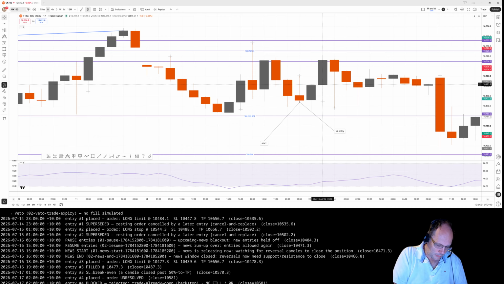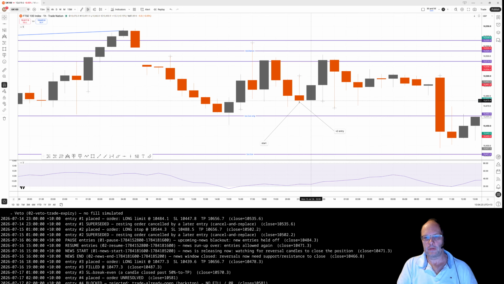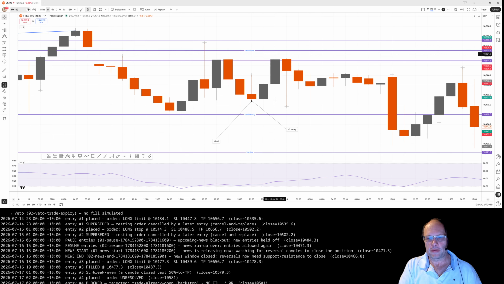It should be a pivot, so this candle needs to be higher than those. If they're going to be a twin pin bar pivot, it needs to have shorter candles on both sides. So I need to fix that bug. Then it placed an order here, which will be at the top of that, which is 10521.8.